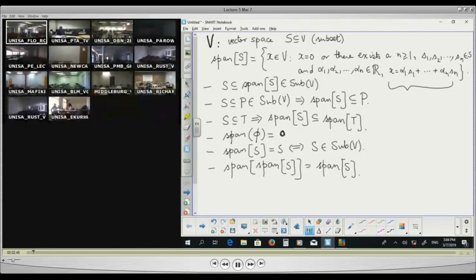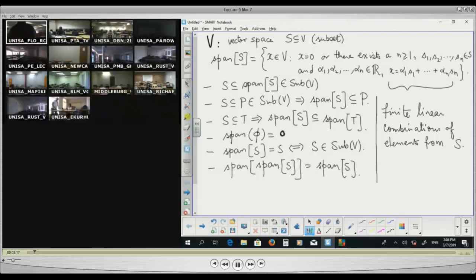We will call the members of span S finite linear combinations of members or elements or vectors of S. Obviously the empty linear combination when n is 0 gives us x equals 0. So that's how we'll understand it. Empty linear combination is 0. Okay? So these are all finite linear combinations.